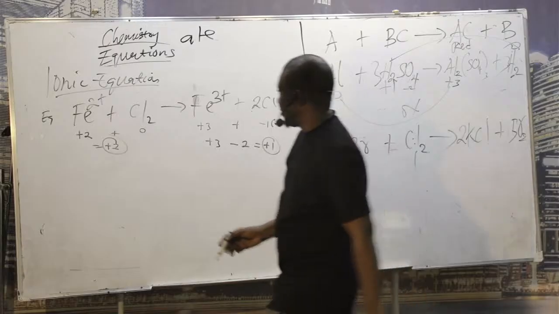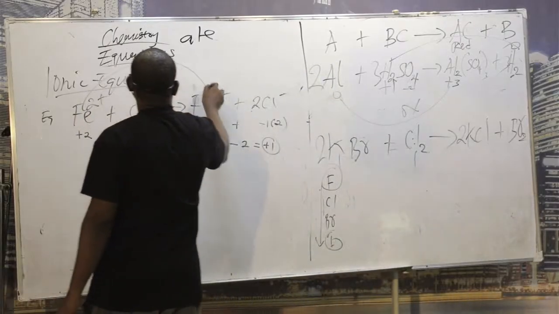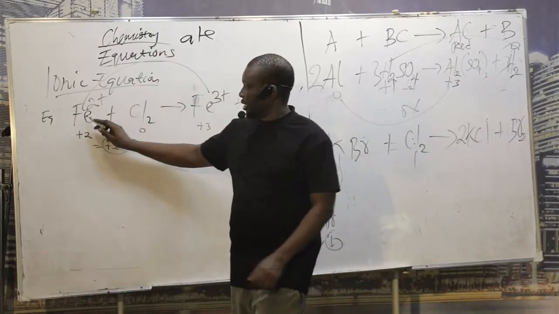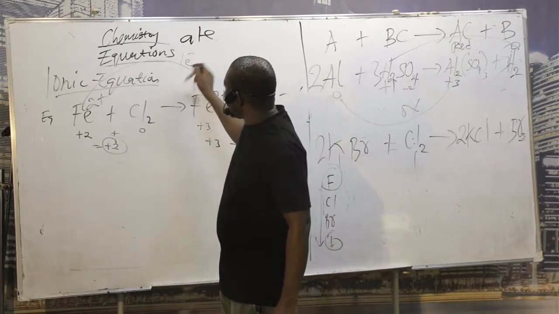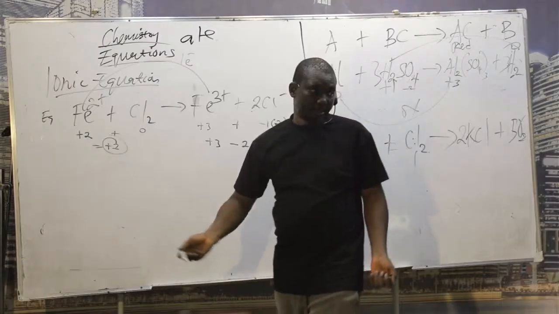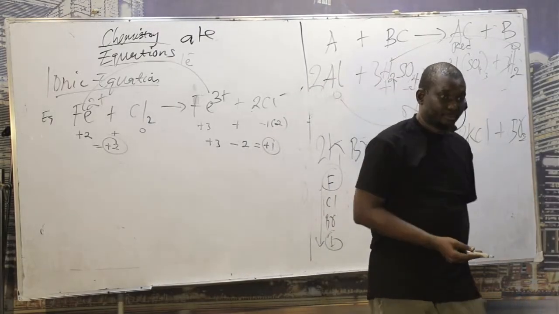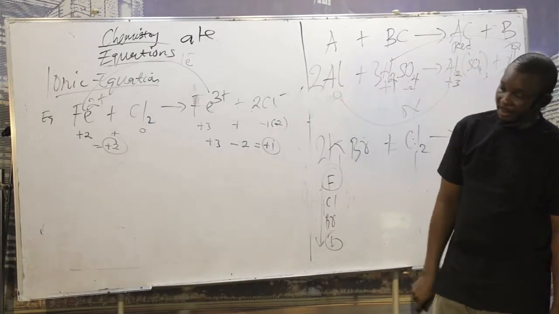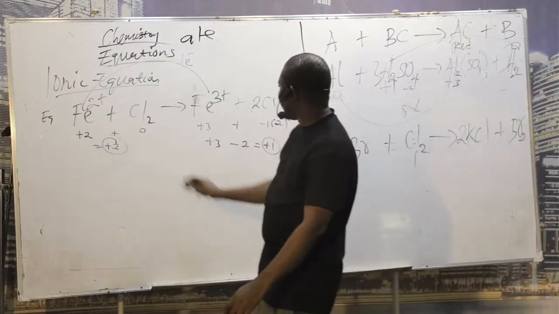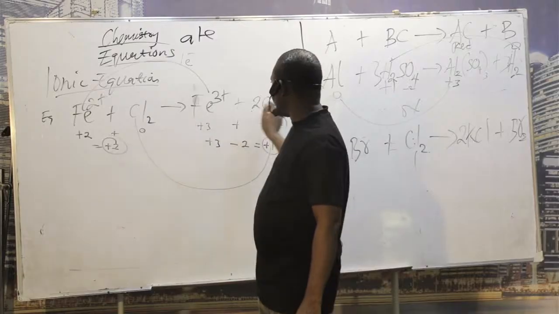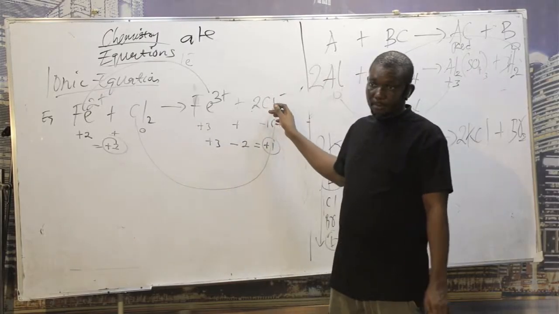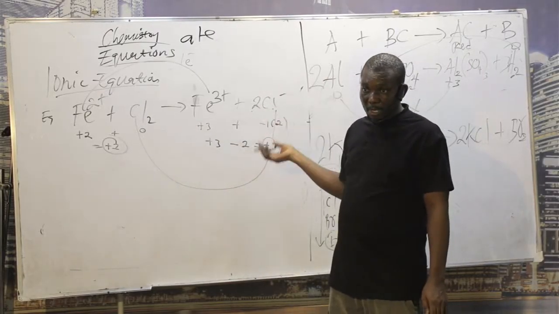How do you balance it? Get the difference of charge between this one and this one. You write that one here as 1 e minus. Just write the 1 as 1 e minus. Then do the same thing here. What is the difference of charge between this one and this one? Minus, okay?